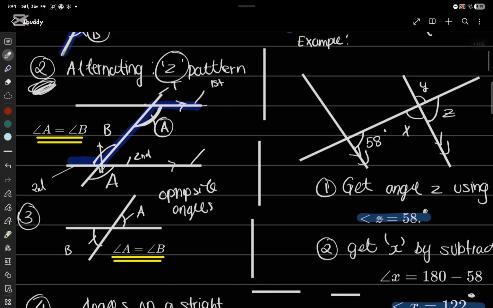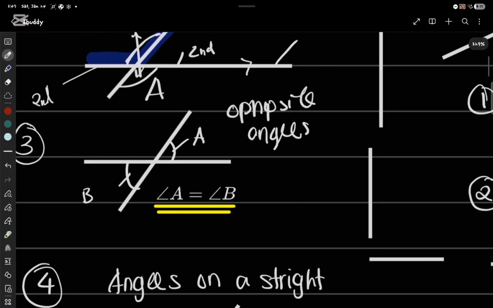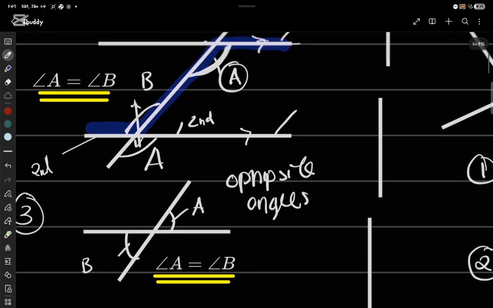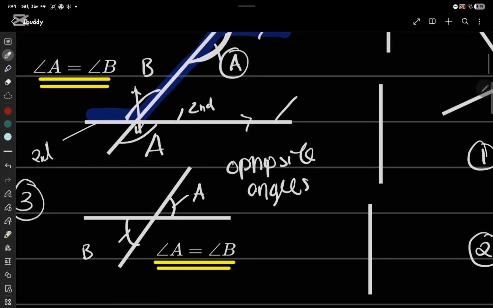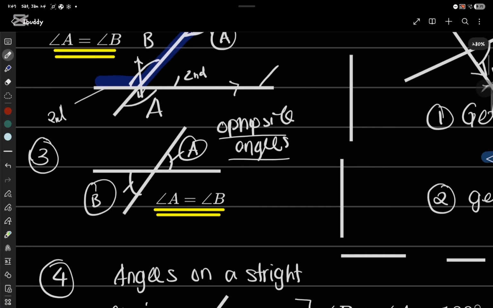But then rules 3 and 4 are complementary rules. As I said earlier, B and A are the same because they're opposite angles. This theorem states that A and B are the same because they're opposite each other when two lines intersect.